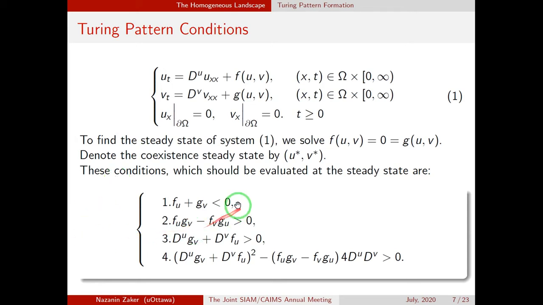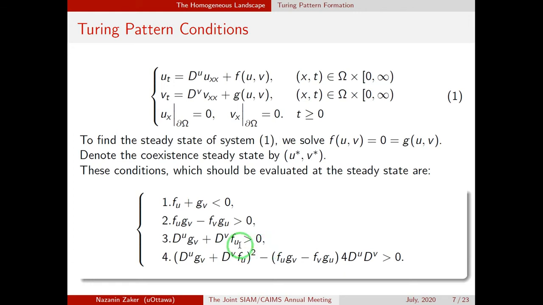The first two conditions are necessary conditions, and they come from the fact that in the absence of diffusion we have stability of the spatially homogeneous steady state, and the last two conditions are sufficient conditions, where in the presence of diffusion the spatially homogeneous steady state is unstable.